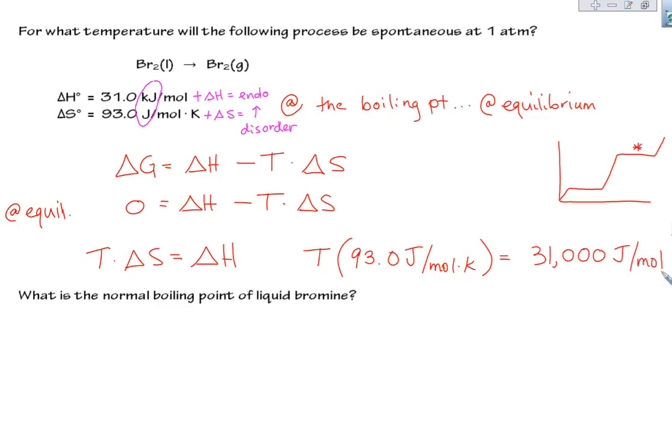As long as they're the same, it doesn't matter which you switch them to, joules or kilojoules. And then we're solving this thing for temperature. So we'll take that 31,000 divided by 93, approximately 333. And then you just have to be a little careful. This is going to come out in Kelvin because of delta S being in Kelvin. So if I wanted to, I could subtract 273, and that would be equivalent to about 60 degrees Celsius.